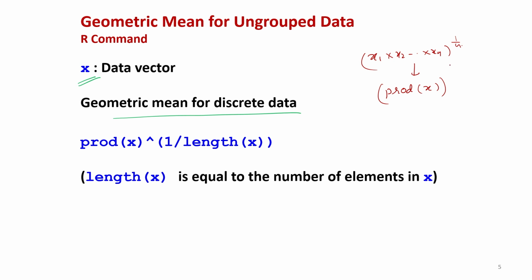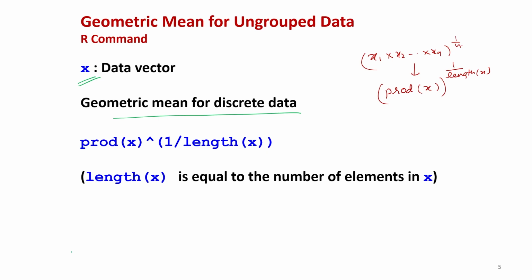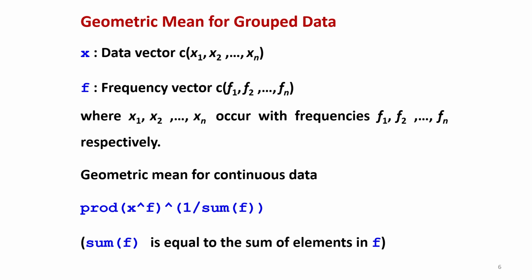So this can be written as 1 over length of x, right? We are finding the geometric mean of the data in such a case by this command: PROD of data vector x hat 1/length of x. So this length of x is equal to the number of elements in data vector x. Now this is how you can compute it.